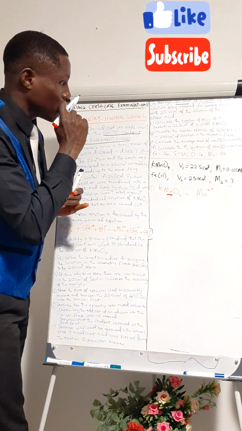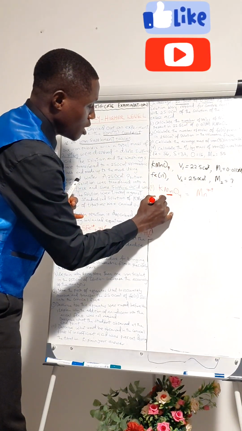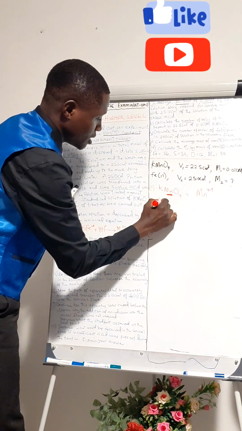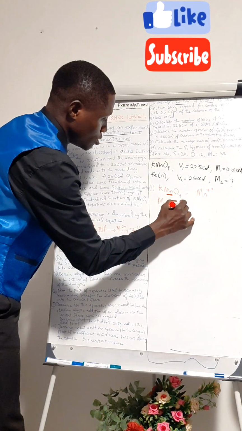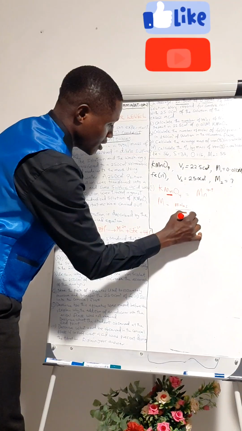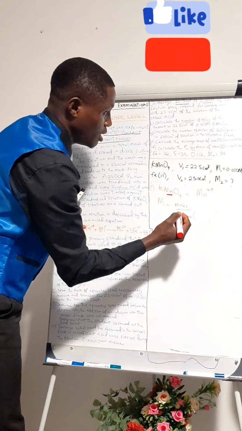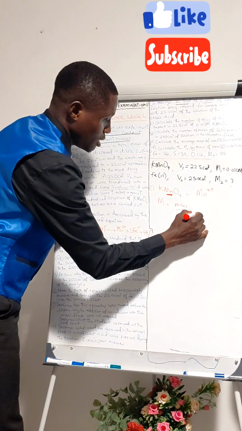So if that be the case, you know that molarity is the same thing as moles over volume in liters, which is the same as dm cube.